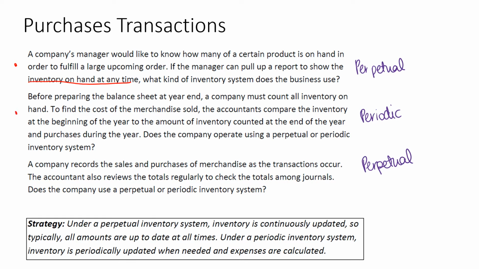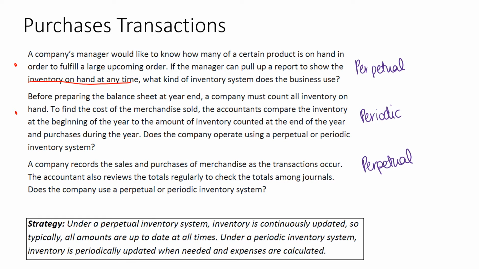The next one says, before preparing the balance sheet at year end, a company must count all inventory on hand. To find the cost of merchandise sold, the accountants compare the inventory at the beginning of the year to the amount of inventory counted at the end of the year and purchases during the year. Does the company operate using a perpetual or periodic inventory system?